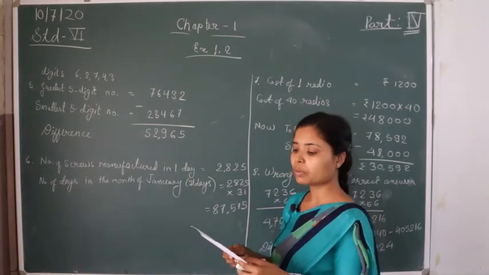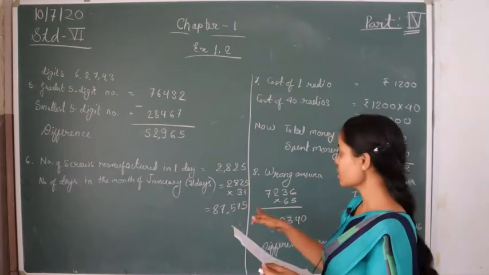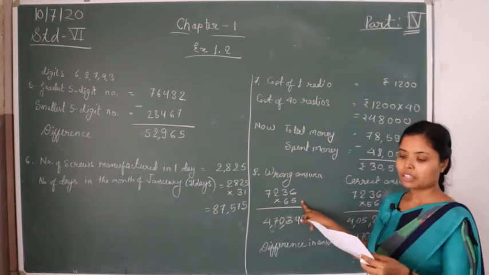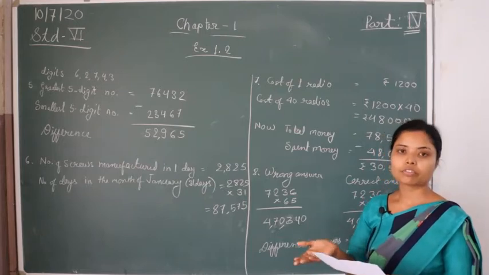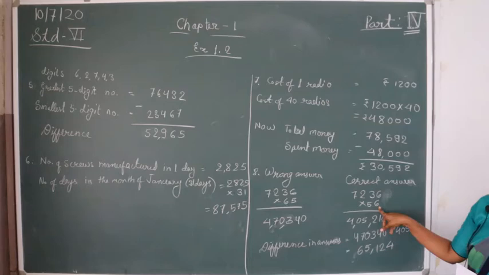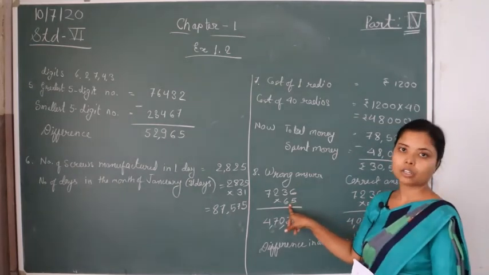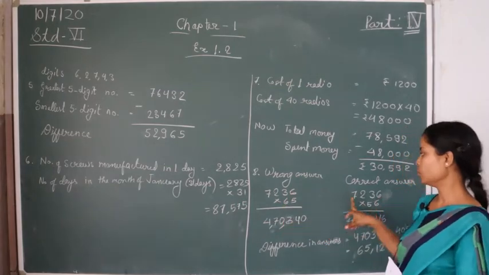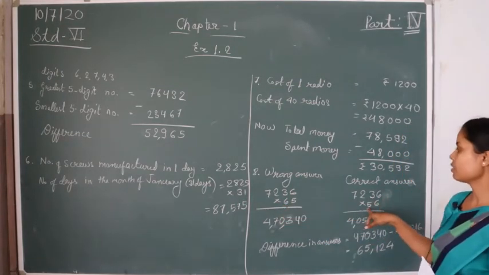Okay, so we will move to the next question, number 8. A student multiplied 7,236 by 65 instead of multiplying by 56. He had to multiply by 56, but by mistake he multiplied by 65. So firstly we find both multiplications, by 65 and by 56.